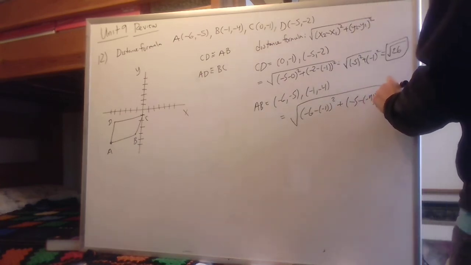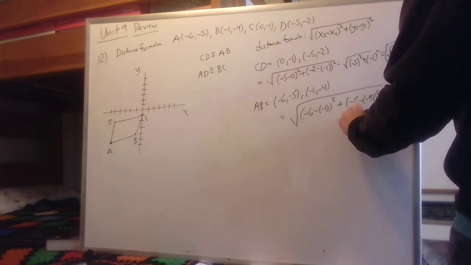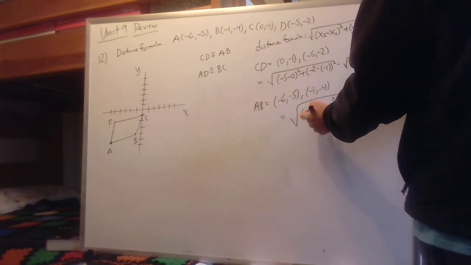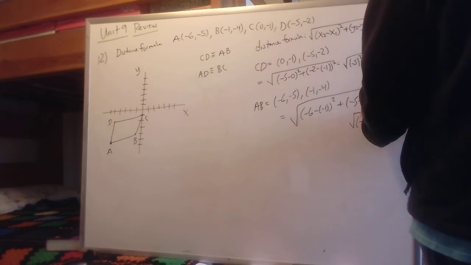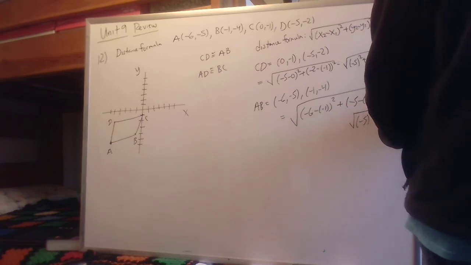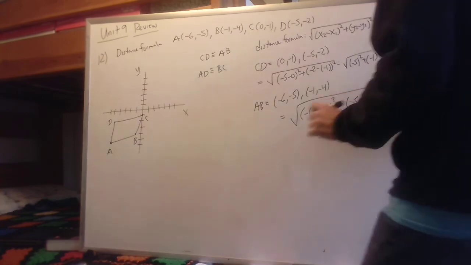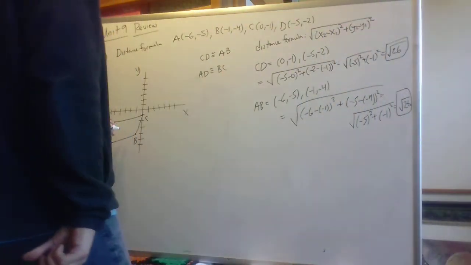So that's going to give us the square root of a -6 plus 1, that's going to be -5 squared, plus -5 plus 4 is -1 squared. So that's going to give us the square root of 26. So we know that CD is congruent to AB.